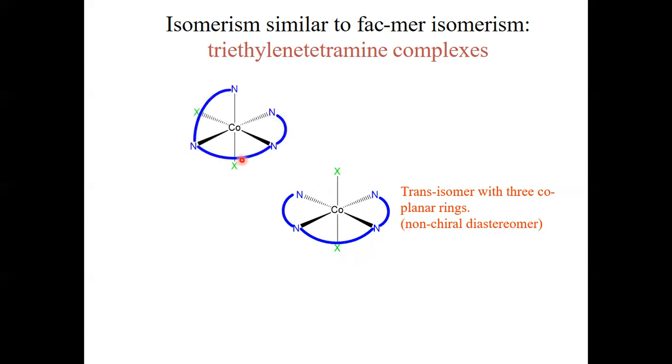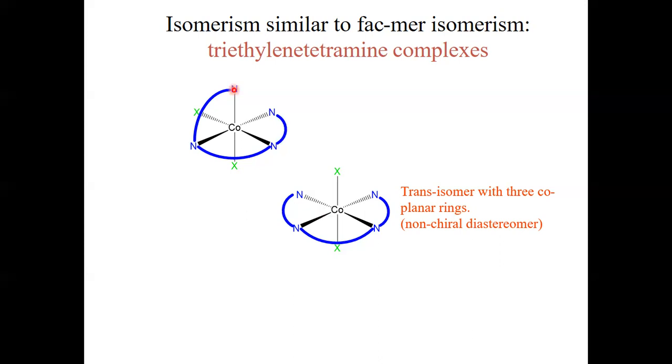One possible isomer is this one. And you see that in this one, you now only have 2 coplanar rings, namely this ring here and this one here, which are still the same as this one and that one. But now the third one is out of plane, because that donor atom here moves into this position.